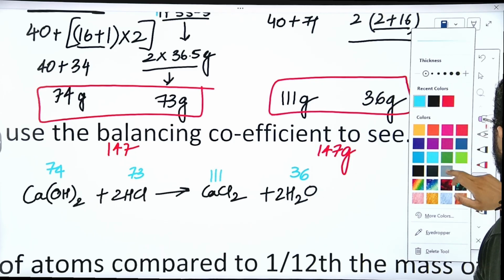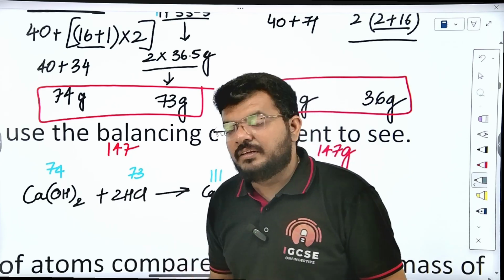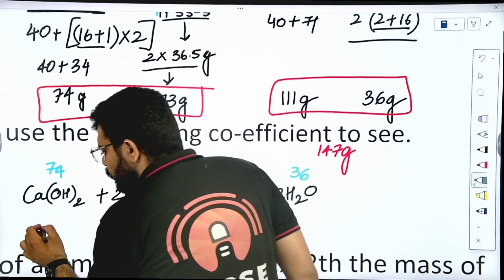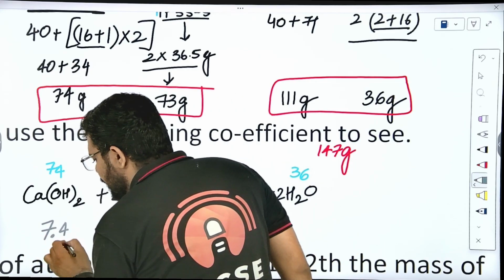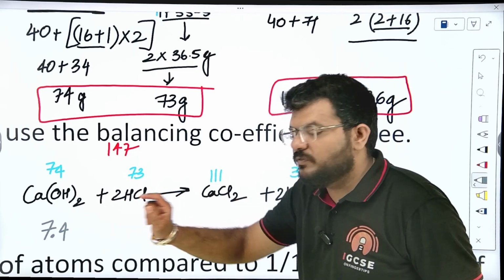Now let's get to the part where I was talking about ratio. Now what do I mean that they will always react in ratio? I mean to say that if you take 7.4 gram of calcium hydroxide, what I did, I divided 74 by 10.